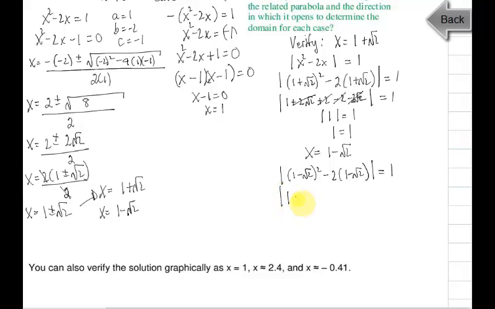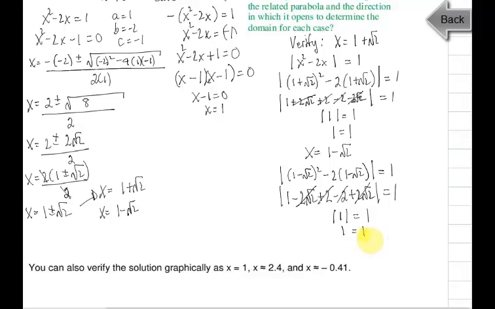We get 1 minus 2 root 2 plus 2, minus 2 times 1, which is 2, and negative 2 times negative root 2 is positive 2 root 2. We can cancel out our 2 root 2's and our 2's. We are left with the absolute value of 1 is equal to 1, so 1 equals 1.